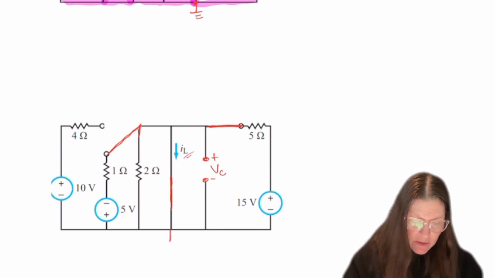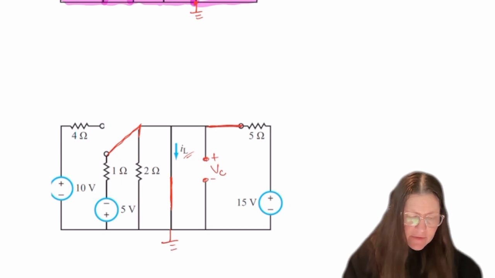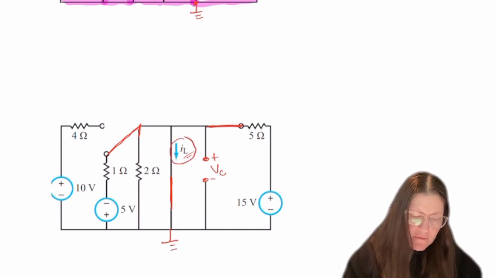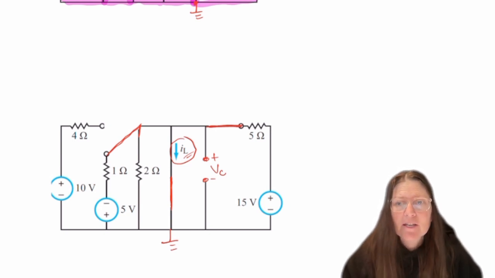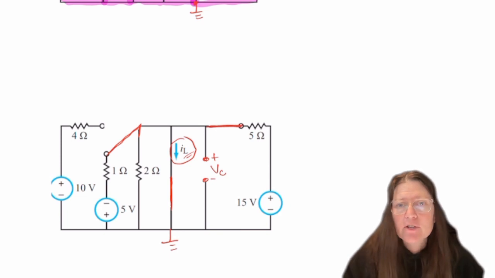And so if I ground this, remember that for this IL you're always going to want to leave it as a variable. Ignore that it's a wire in that branch, and then you're going to try and find the other currents and do a current summation.